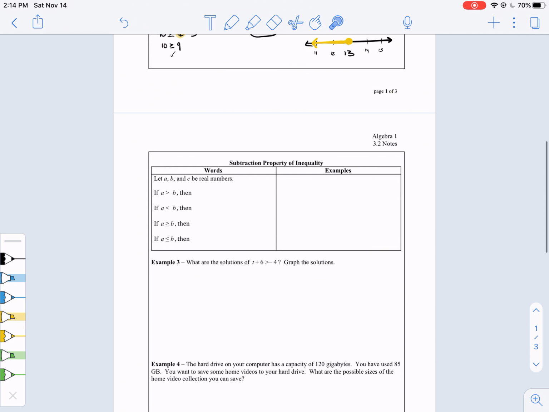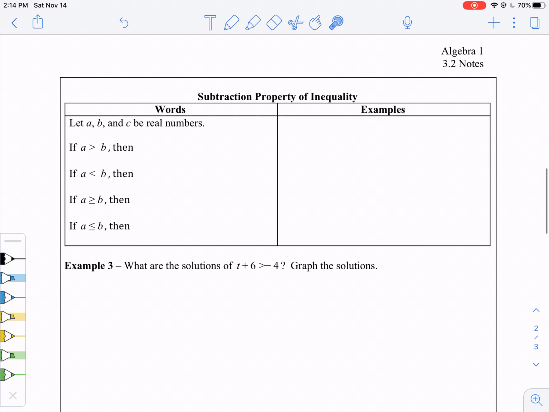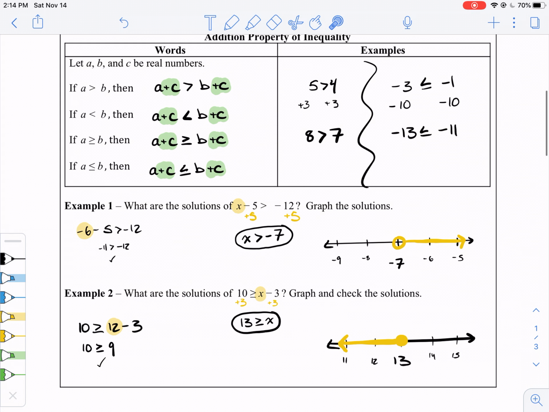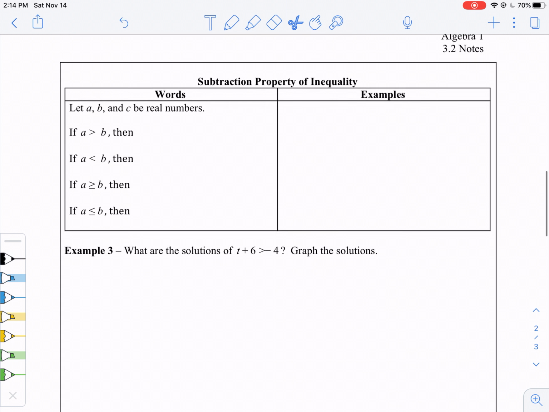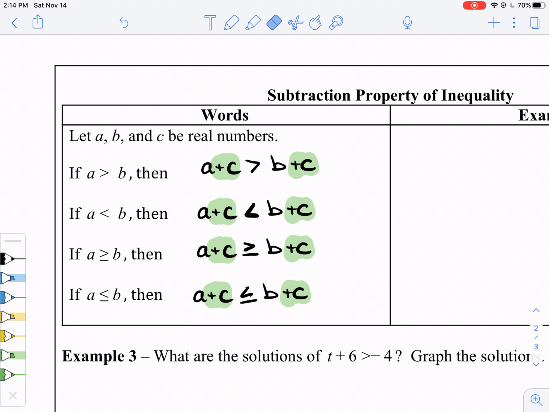Now, the same rule applies for subtraction. And guess what, guys? In the spirit of notability, I'm going to copy and paste to save us some time. Here we go.